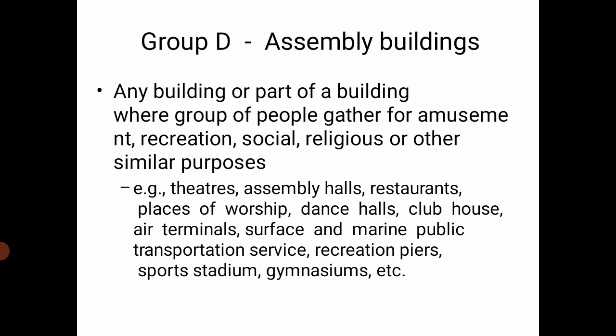Examples include assembly halls, theaters, auditoriums, exhibition halls, gymnasiums, museums, then religious places like church, temple, mosque, then transit stations like airport, railway station, etc. All those are examples of assembly buildings.